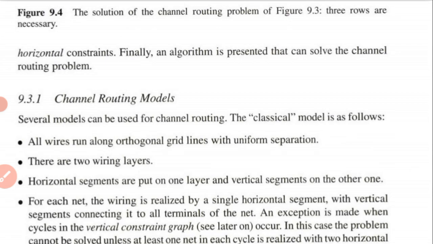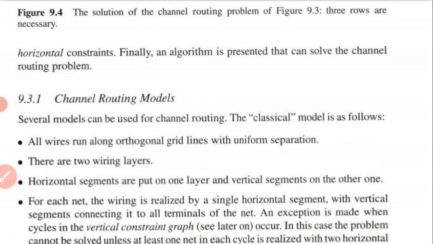When we are wiring, we have to place some segments in one layer and other segments in the next layer. The horizontal segments are put on one layer and the vertical segments on the other layer.